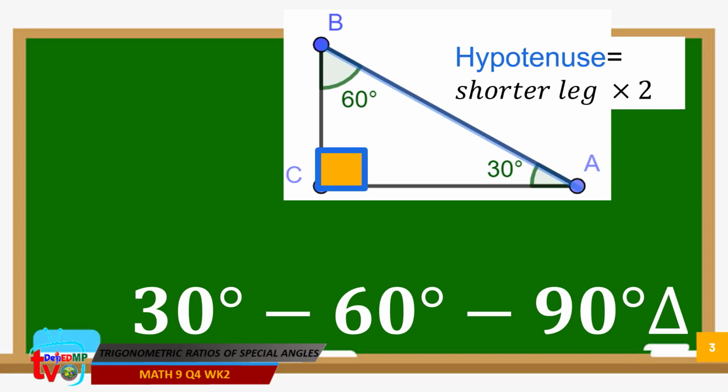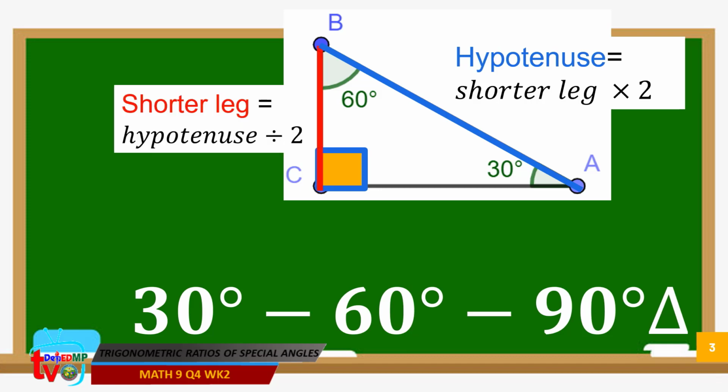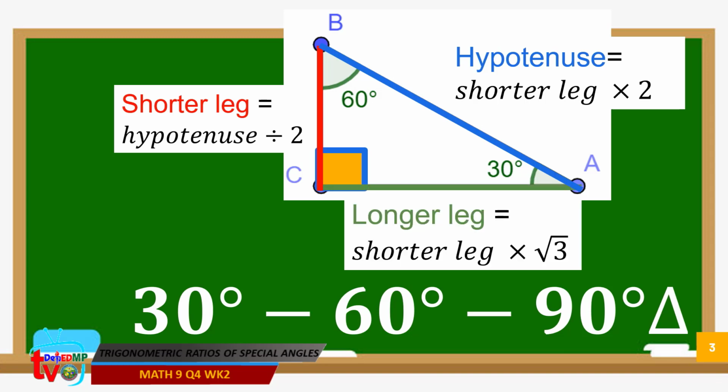Exactly! Line segment AB is the hypotenuse. Which side is the shorter leg? You said it! Line segment BC is the shorter leg. And of course, the third side, line segment AC, is the longer leg.